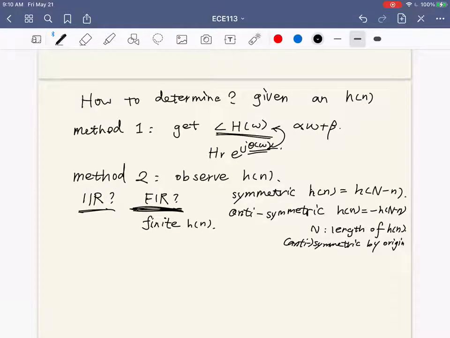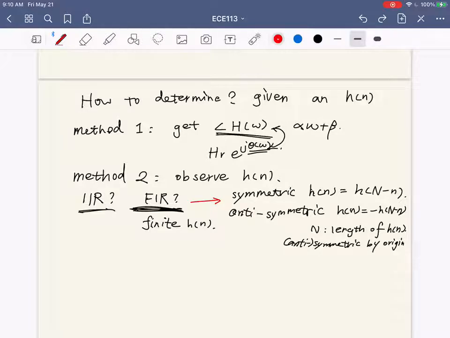Let's see. So the way to think is very clear. First, we get an h of n, and then we determine whether it is finite or infinite. If it is infinite, we can just throw it away. If it is finite, we can further observe whether it is symmetric or anti-symmetric or neither.